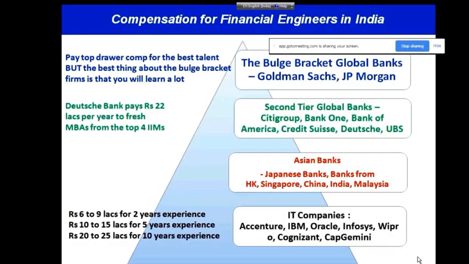Now, one thing to keep in mind is that when you do a course in financial engineering from the Indian Institute of Quantitative Finance, the cost is in rupees. Whereas if you go to Columbia University or the University of California at Berkeley, the price is in dollars. There you may be paying $150,000 for the entire course.